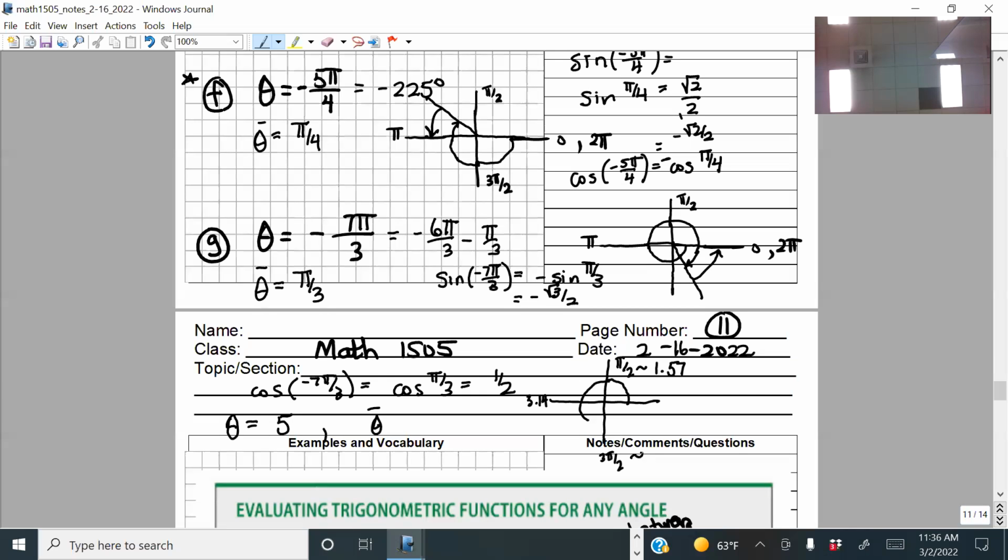So again, you have to have your calculator help you here, right? 4.71? Okay, so we are past that. Oh, I was mistaken. I thought we were past that. So we are going to get past that a little bit, right? Somewhere into the fourth quadrant.